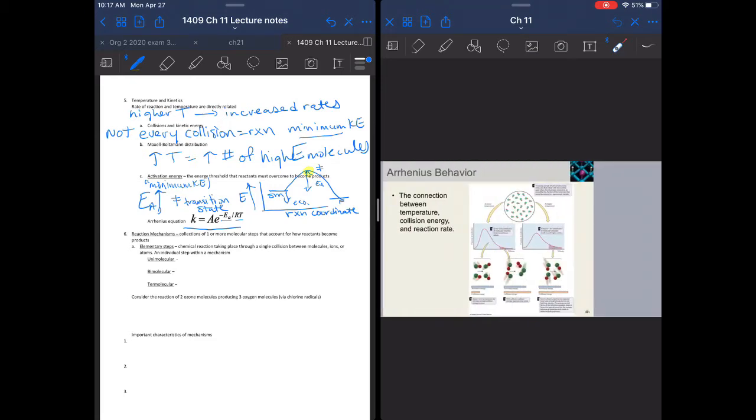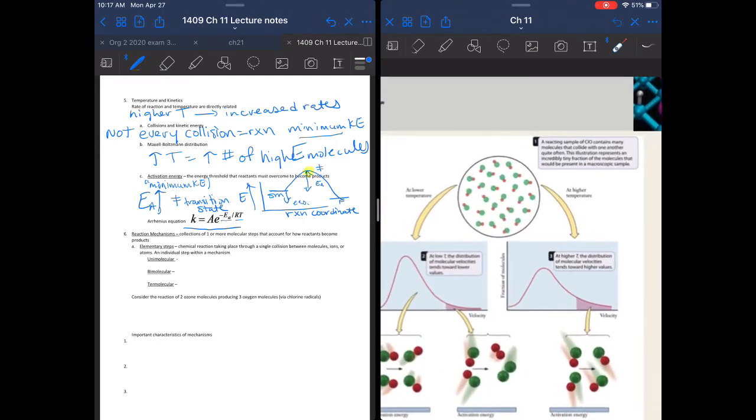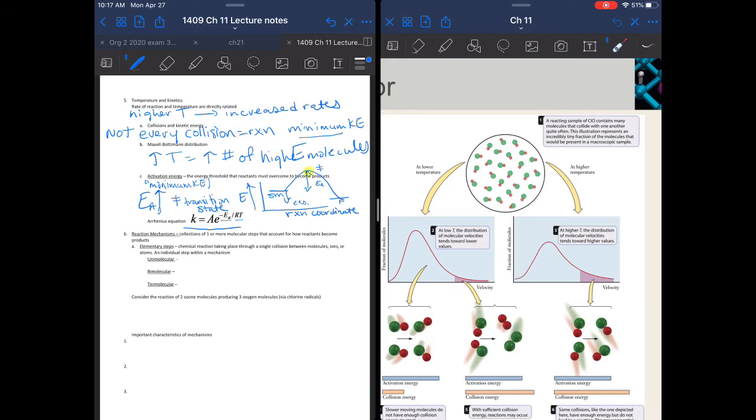What is a good connection to make, right, is this, it's called Arrhenius behavior, kind of combining everything we just talked about, right? The higher the temperature, the more molecules have enough energy to react. So if you have molecules that are colliding more frequently because they're moving faster, it's more likely that you're going to get the right geometry in some of those collisions because there's more of them. It's more likely that more of those collisions will have enough energy to react.